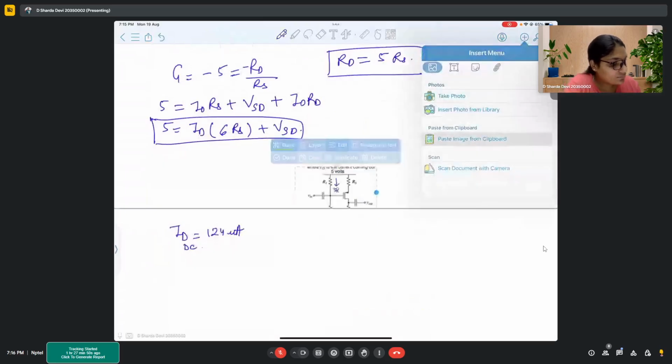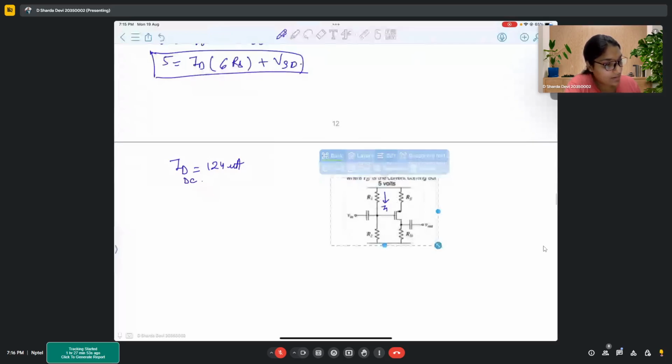So the total current flowing through this circuit is IDC, because of the DC biasing, plus small ID, which comes because of Vin.